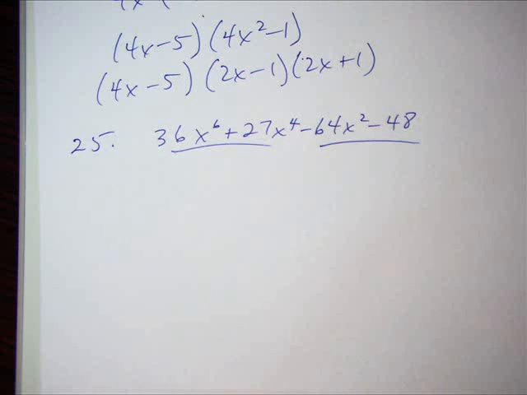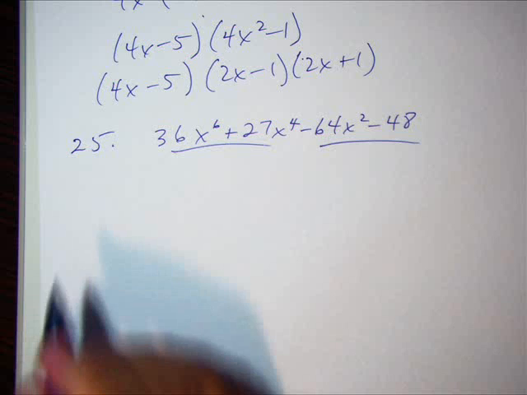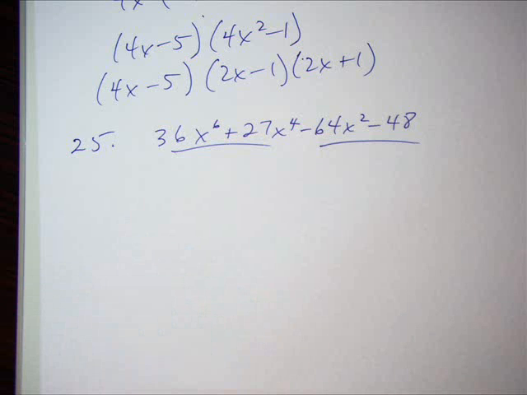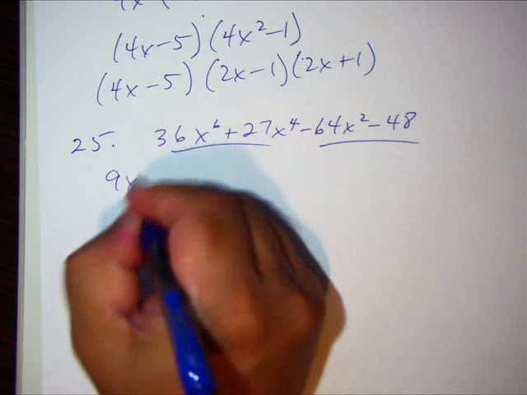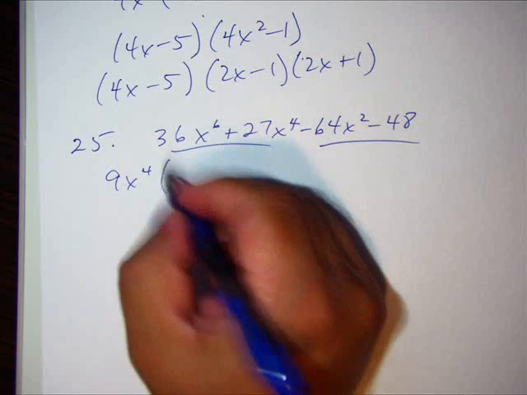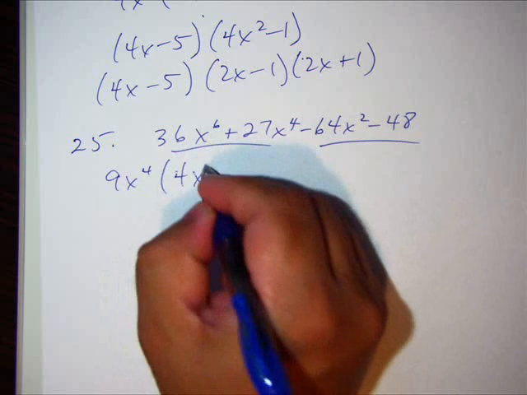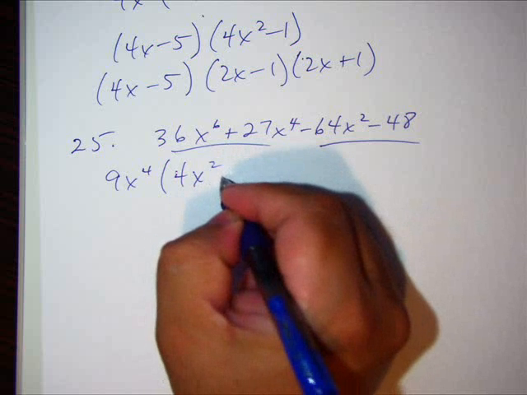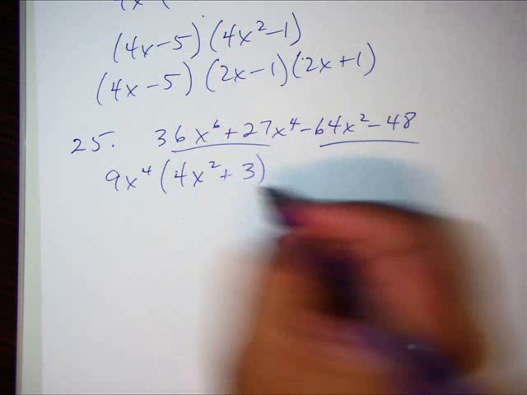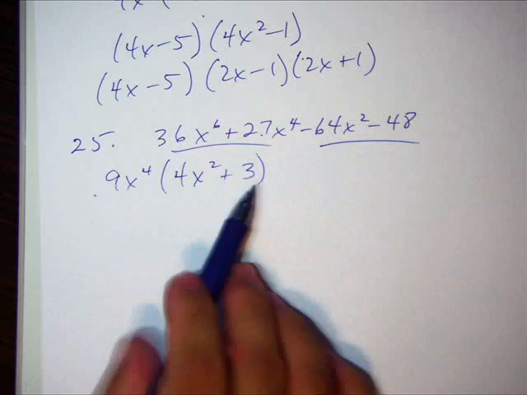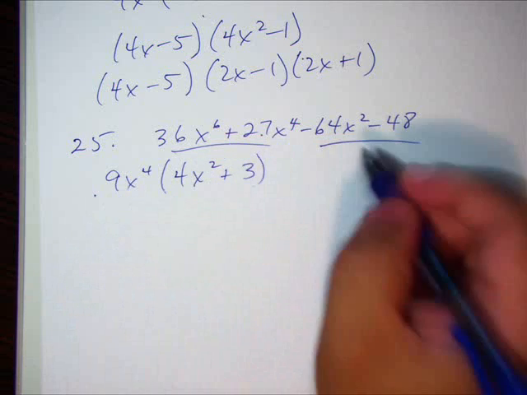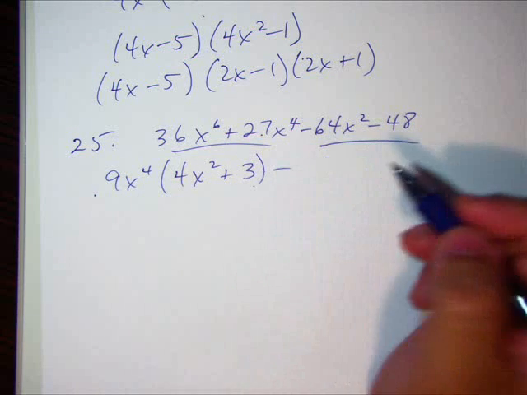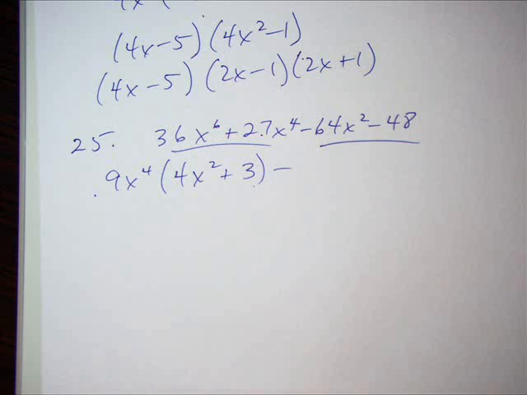Now, what are the common factors of that one? Well, something next to the fourth. 9? Let's try that. It'll be 9x to the fourth. 36 divided by 9 is 4, leaving me x squared plus 3. Right? 27 divided by 9 is 3. X to the fourth, I've taken out. Minus, I'm taking out a minus something. What goes into both of those?